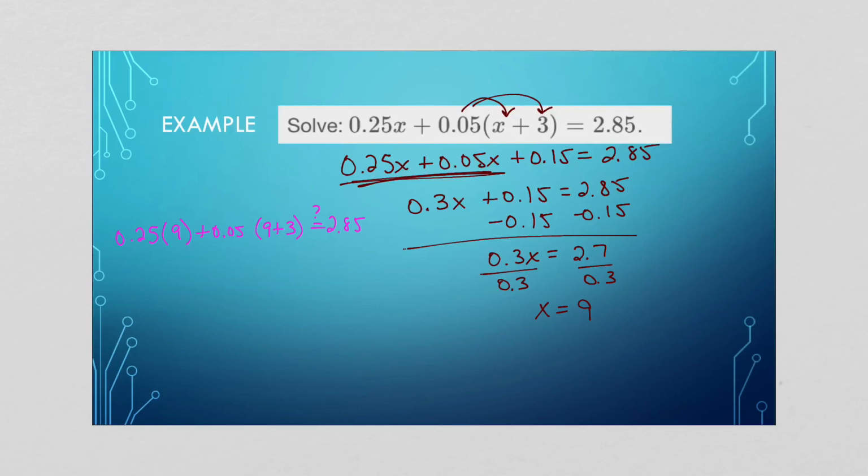So 0.25 times 9 plus 0.05 times 9 plus 3. I get 2.85 on the left. Those are equal, so that's our answer.